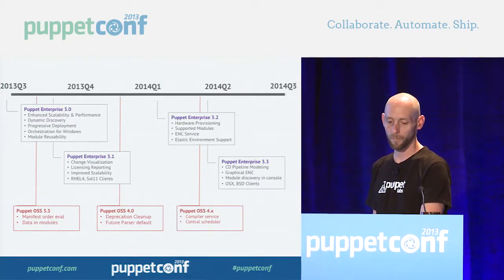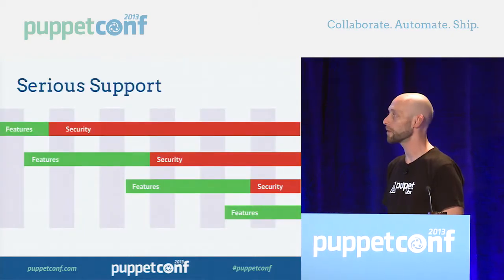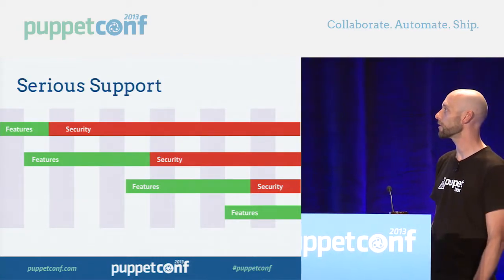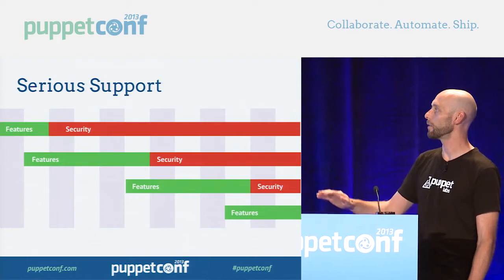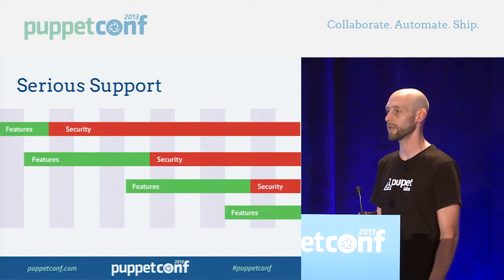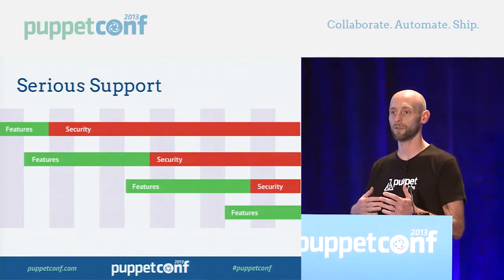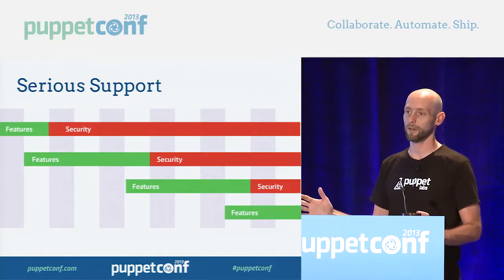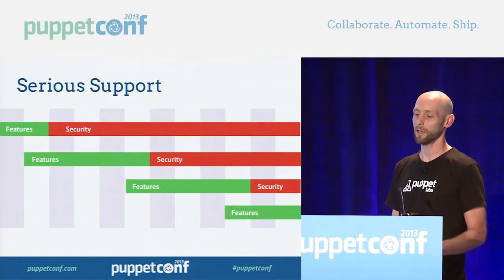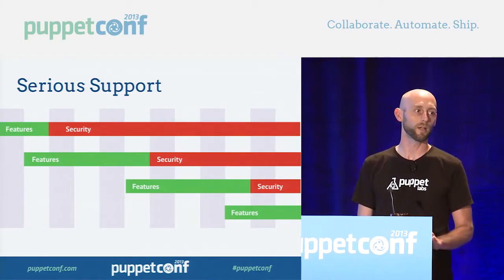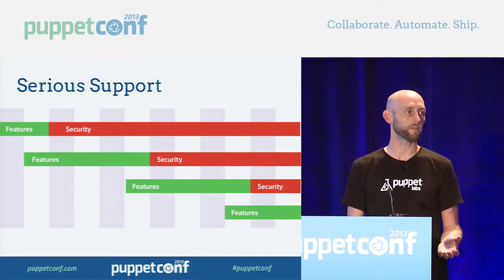The best of those features are going to make it into stable versions in Puppet Enterprise within a couple of quarters. I alluded to the support lifecycle earlier, and this illustrates that we're going to have roughly a year of feature releases for a particular major release, overlapping a little bit with feature releases once the next major one comes out, but pretty quickly you're going to go on to a security lifespan, and the goal there is to have about 3 years of support for any given major release.